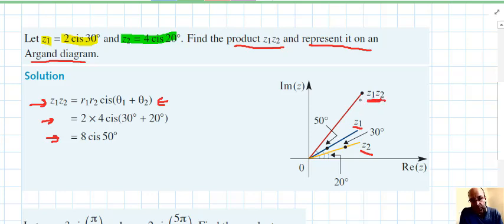The modulus is the multiple of r1 and r2, and the argument is the sum of the two angles. It's now at 50 degrees. So it's quite straightforward representing that on an Argand diagram. You could also draw this diagram using the radial format that we saw in a previous video, with concentric circles and radii coming out at constant angles.